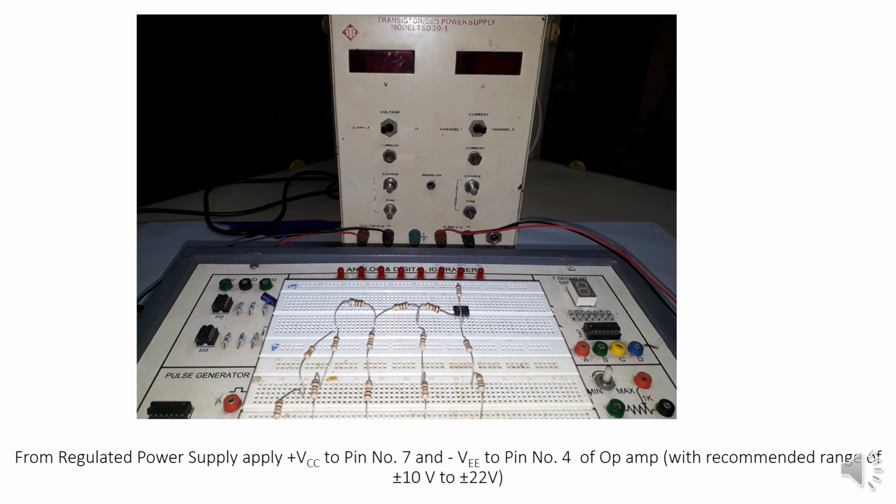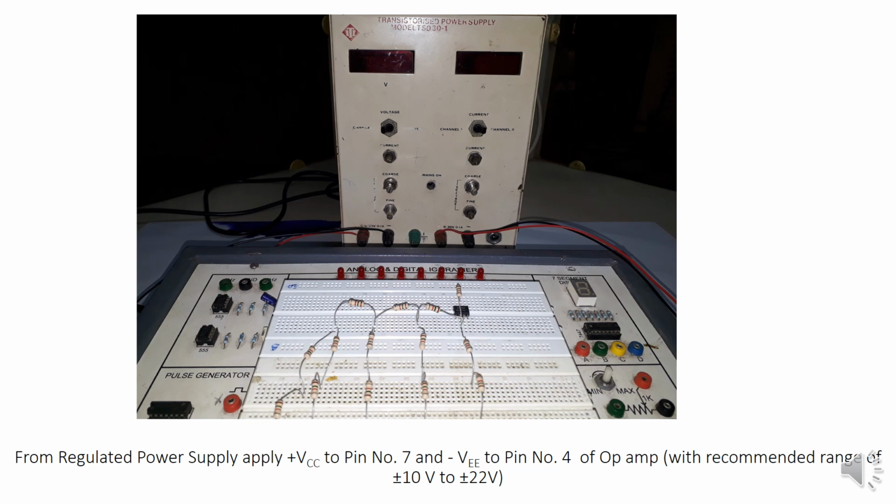Now we are going to apply biasing voltage from a regulated power supply. Okay, we need a two channel supply to apply plus VCC and minus VEE. So plus VCC is connected to pin number 7 and minus VEE is connected to pin number 4.